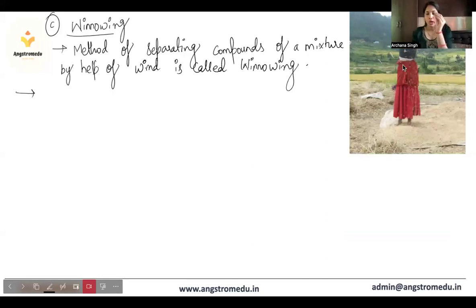Generally, now go back to the threshing thing. In threshing, what was happening? You were hitting that stalk on the hard surface, so food grains were separated. Now food grains will have husk. Husk means the cover of the food grain, basically.